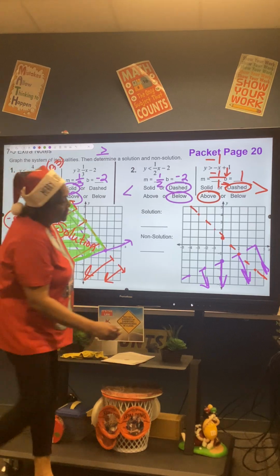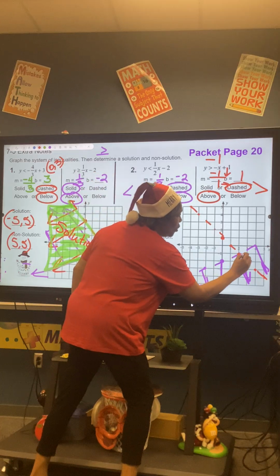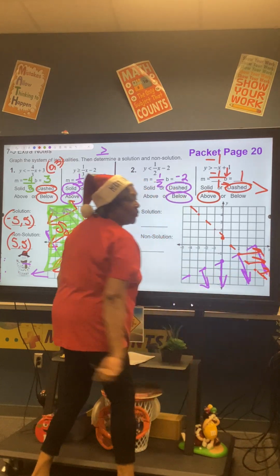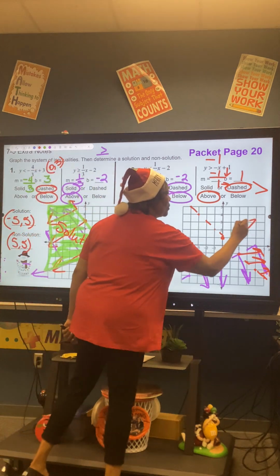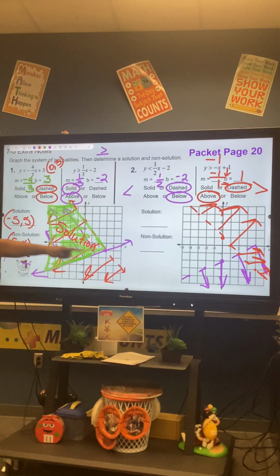Greater than. Guess what? The only place these two are going to intersect is right over there in that little corner. Everybody see that? You could draw all the arrows you want this way, go ahead. But the only place where the purple and the red make the double shaded region is in that little corner over there.